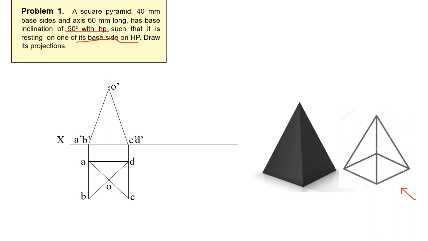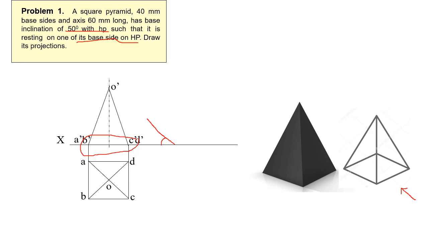Now we will start with the problem. In the problem, what is given? The base is inclined by 50 degree to HP. This base ABCD is inclined just like this one, to HP, sorry, by 50 degree.